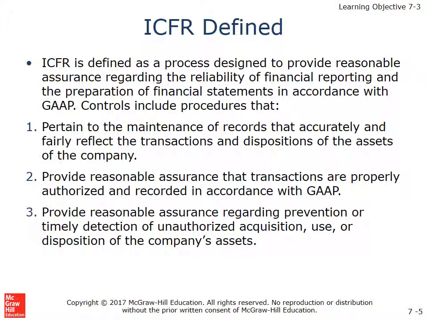So what procedures are in place to be sure of that? Provide reasonable assurance that transactions are properly authorized and recorded in accordance with GAAP. So an internal control over financial reporting system will do that. And they will provide reasonable assurance regarding prevention or timely detection of unauthorized acquisitions, use, or disposition of the company's assets. So it's what's in place to ensure these three things.